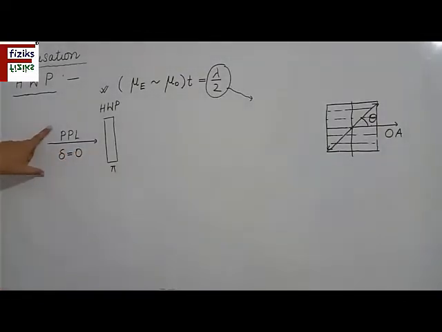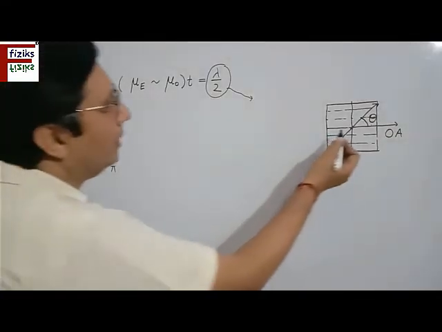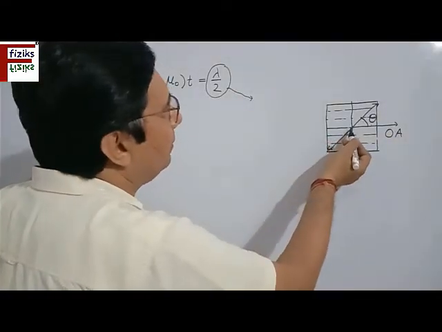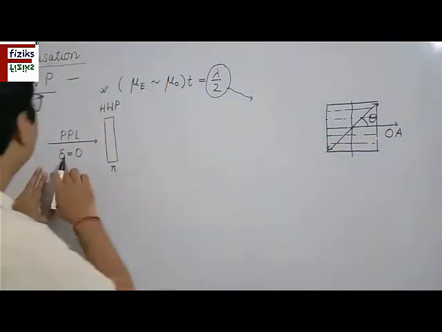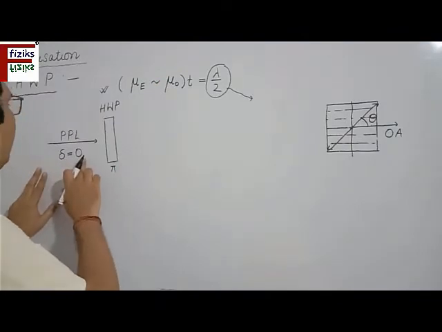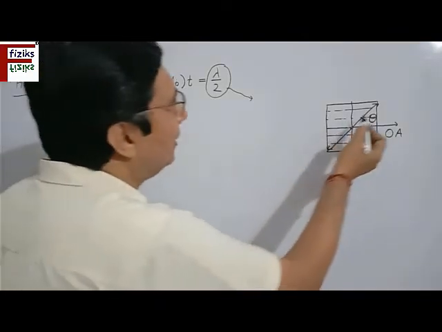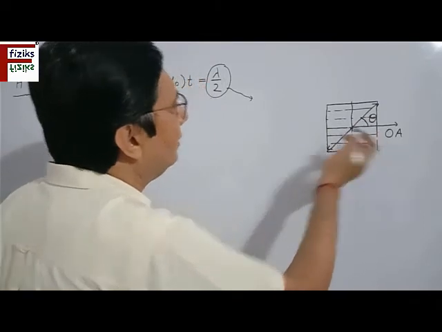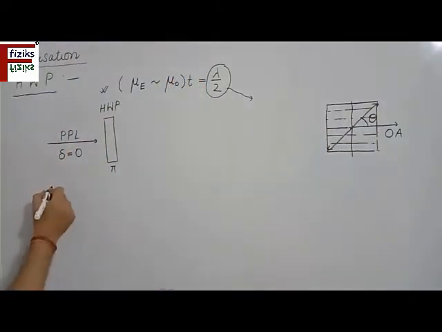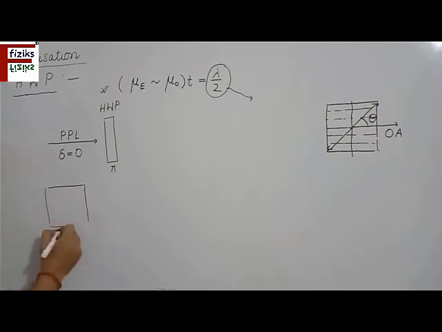So I am assuming that we have a simple plane polarized light for which delta is 0. Now what will happen? Suppose the electric vector of this is making angle theta. So I have this type of plane polarized light, which is making angle theta.